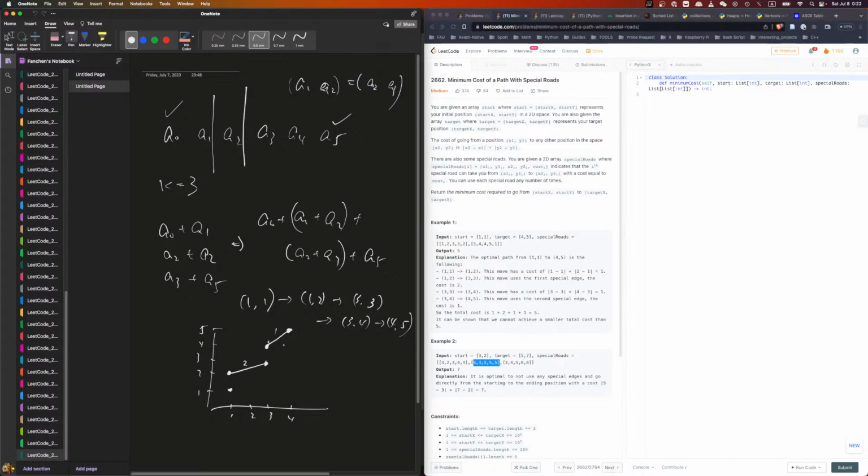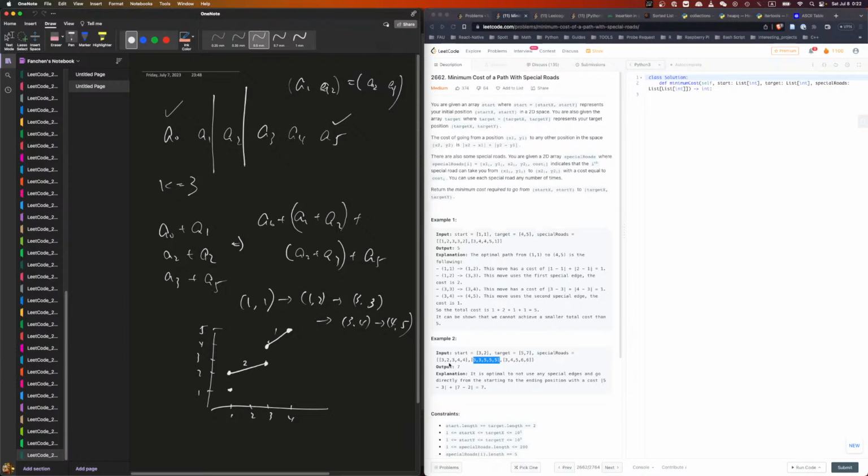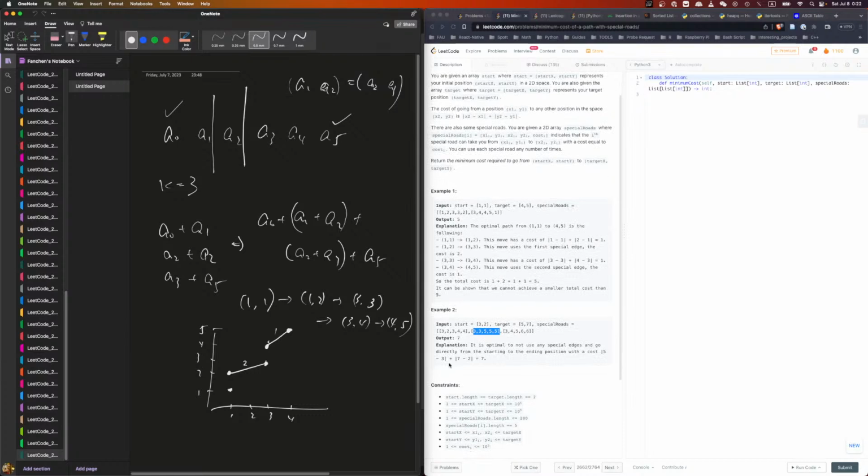But if we do Dijkstra, special roads are at most 200 in length. So at most we have 200 things to consider. With 200 roads, we have 200 times 2, so 400 nodes, plus the start and the end.